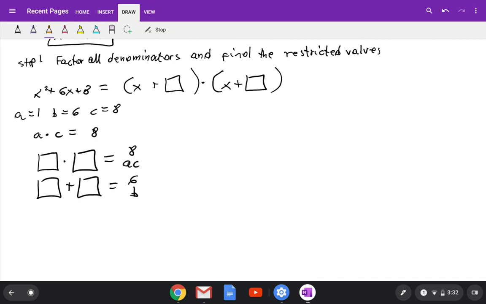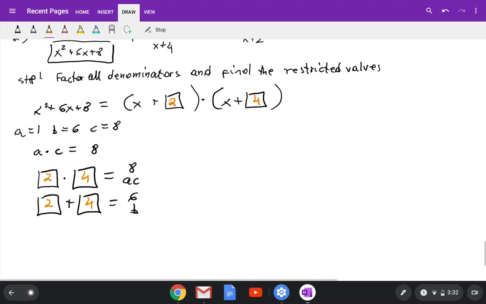So let's see what's going to work. 2 and 4. So we have x plus the first integer, which is x plus 2, times x plus 4. Okay, so we factor this denominator.